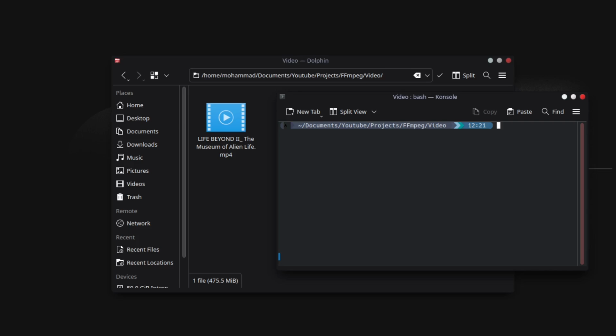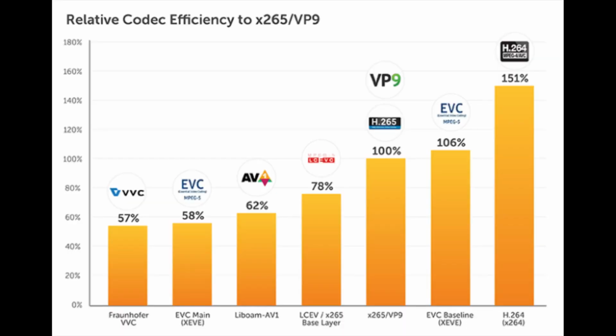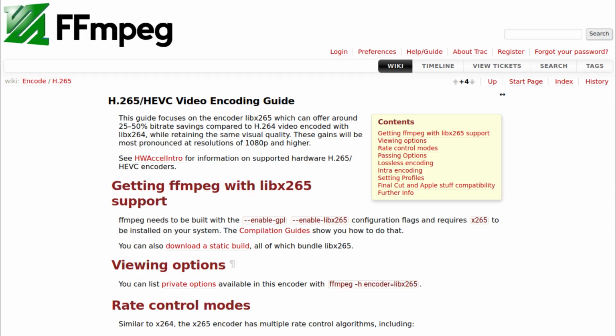The second one is -c:v. This tells FFmpeg which video codec or encoder to use. The v means that we are specifically talking about the video stream, and libx265 is FFmpeg's encoder for H265, also known as HEVC.